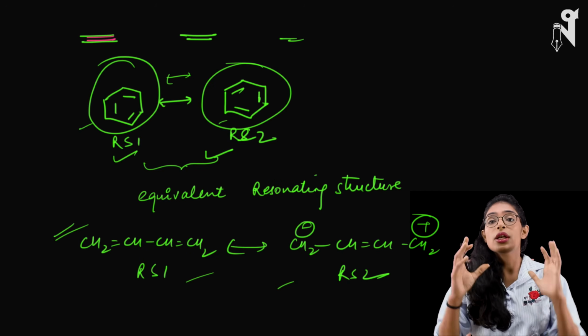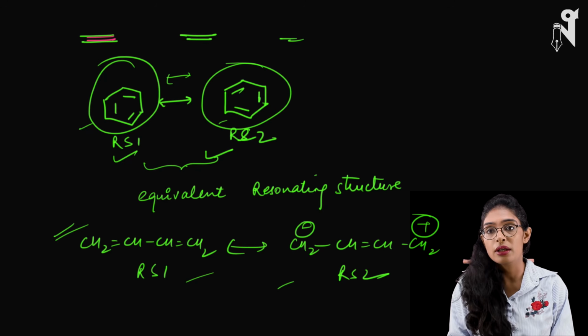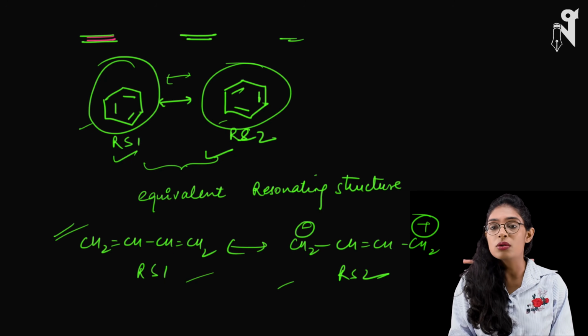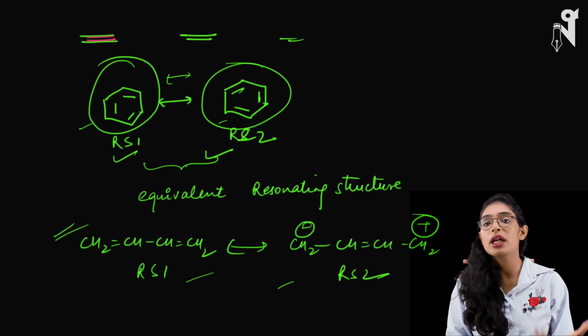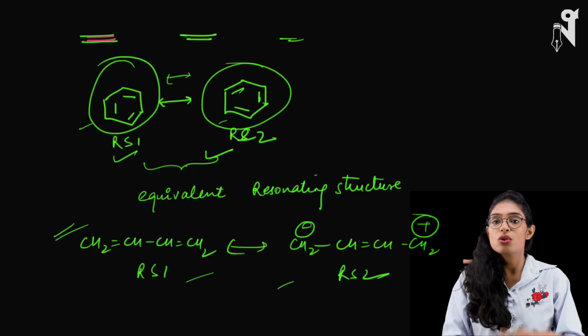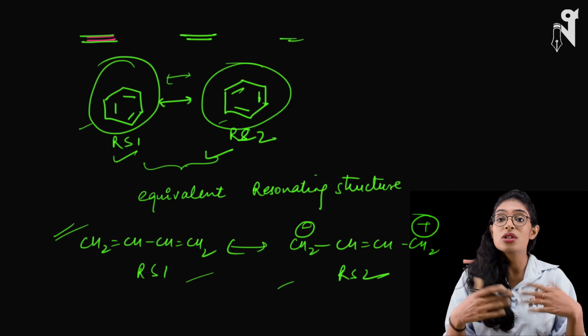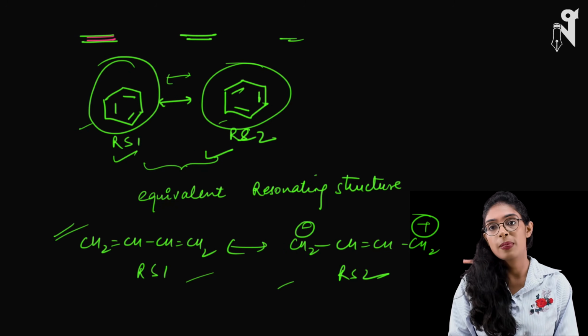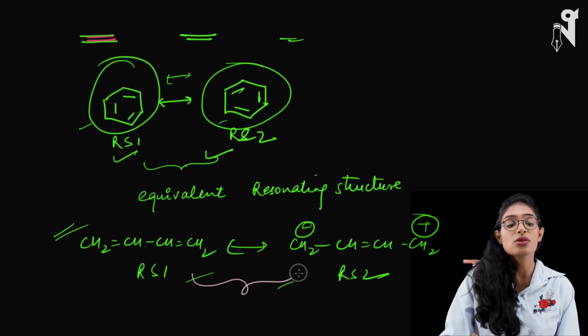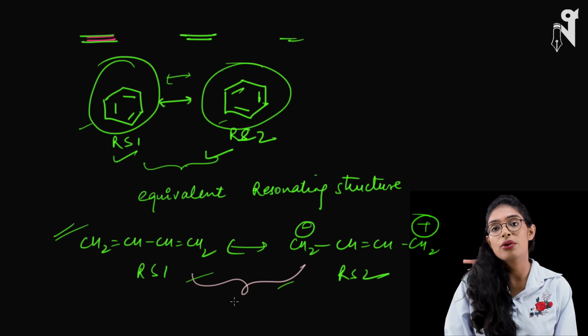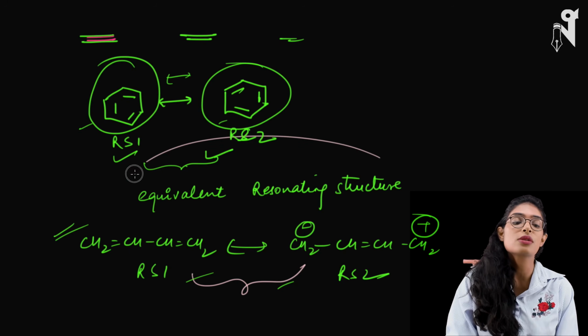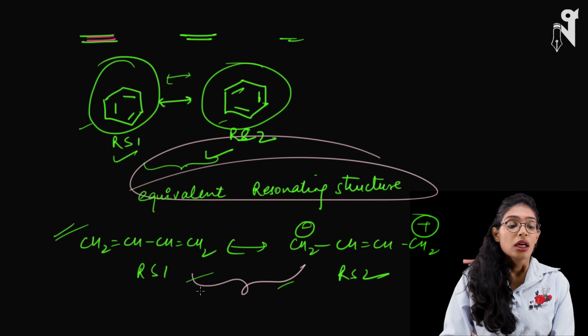The overall neutrality of the molecule is maintained, and that is what we have to maintain also. We cannot make a particular compound negative or positive just by doing resonance. So overall neutrality must be maintained, but charges or poles have developed. So these two resonating structures are not called equivalent resonating structures. Equivalent resonating structures means which are identical.